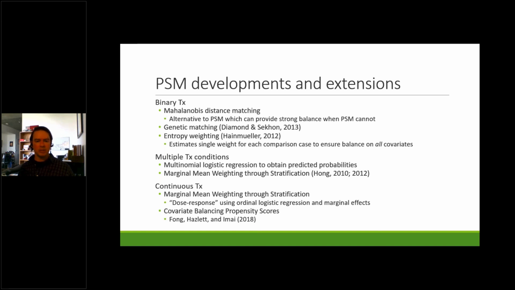With multiple treatment conditions, you can use multinomial logistic regression to obtain predicted probabilities for treatment conditions. This can be a bit tricky, and I recommend you look into Guo and Fraser's book or Leach's book to learn more about it. In my experience, I've used marginal mean weighting through stratification, and it also uses multinomial logistic regression.